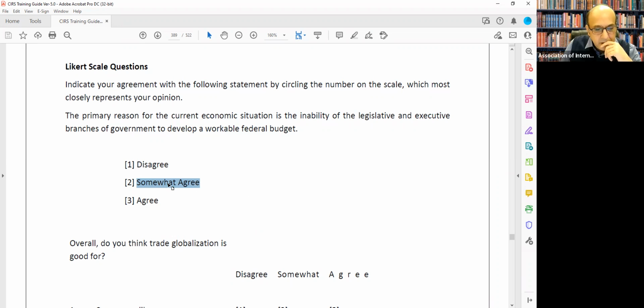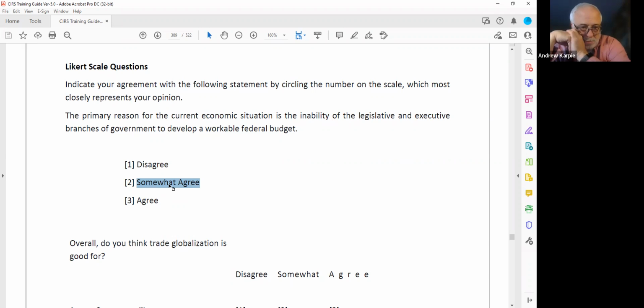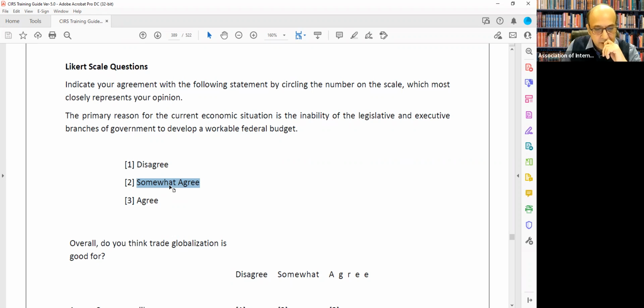Now, somewhat agree is very controversial, and it's very hard to give it a weightage of any sort or convert it into numerics.